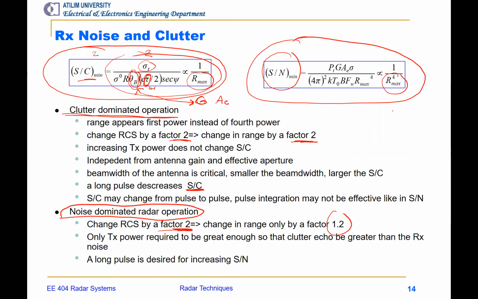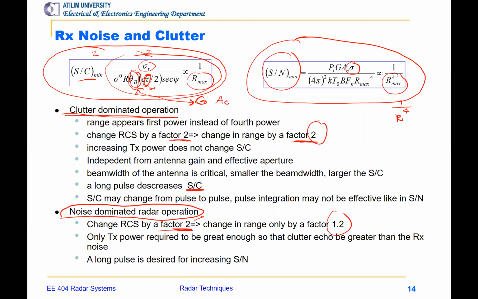So here we got R to the power 4, and this is inversely proportional to the radar cross-section. So we take the half power of 2 inversely, and we get a change in the range of only 1.2. It was 2 in S over C.